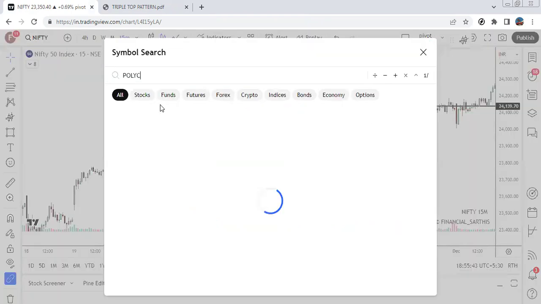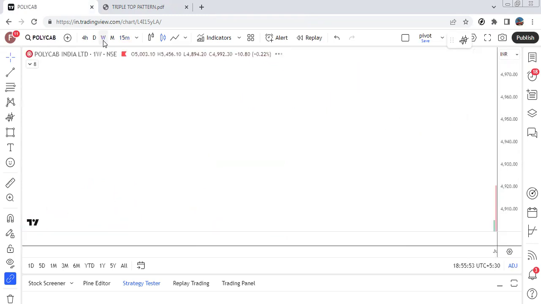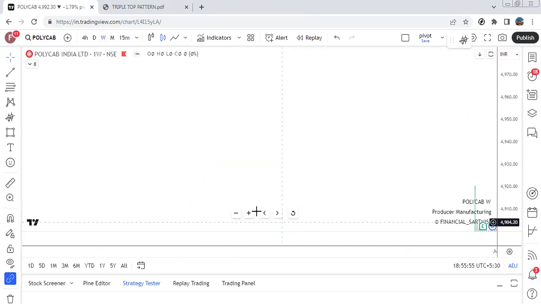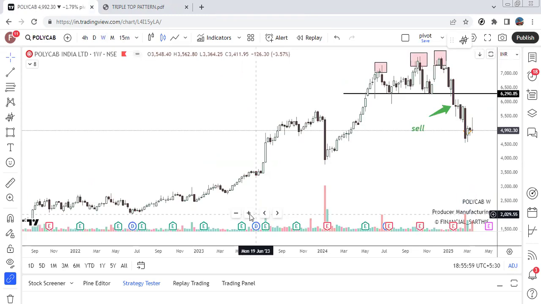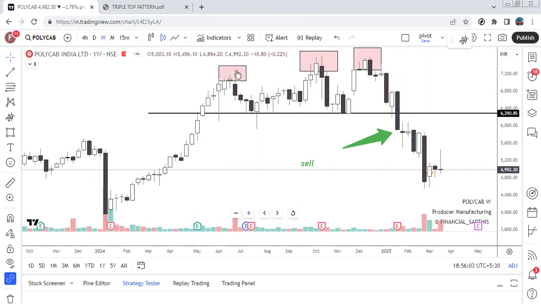For example, see Polycab. If you observe the weekly time frame, what is happening in Polycab? See how beautifully this pattern worked. This was A, B, and C. This was the neckline. The stock was supporting this range.